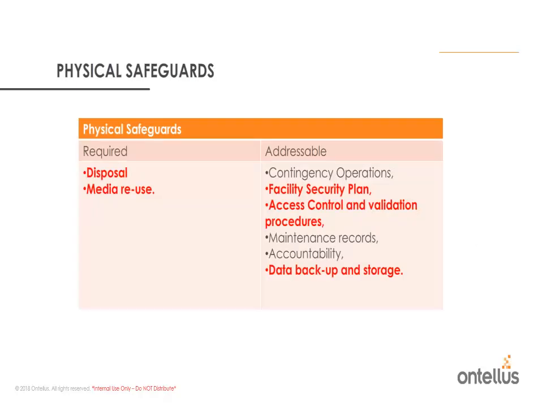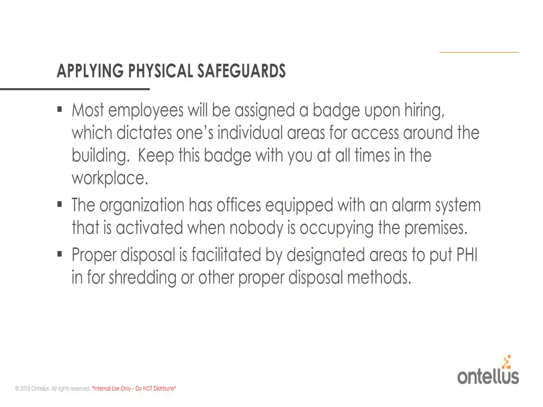Here is a list of HIPAA physical safeguards, which limit physical access to a company's facilities where PHI is to be found, while ensuring that authorized access is still allowed. Examples of physical safeguards that may exist around the organization are listed here. For example, most employees would be assigned a badge that controls his or her areas of access around the building.